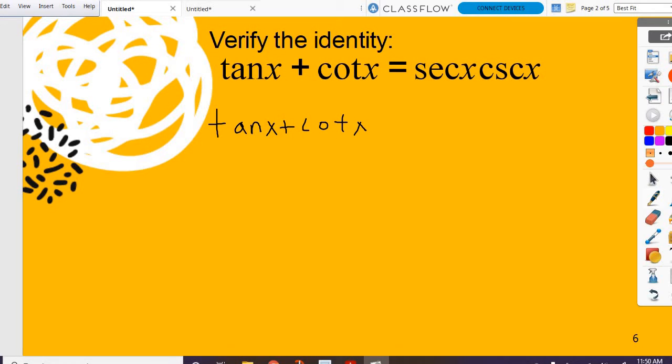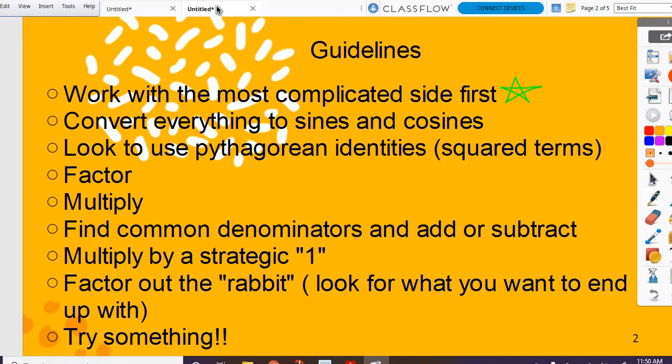Then we also said that we can multiply, but we don't have multiplication here. Then our next one was that we could find a common denominator and add or subtract. Well, I have addition, but we don't have fractions, so we can't find a common denominator. But what was one of our other guidelines?